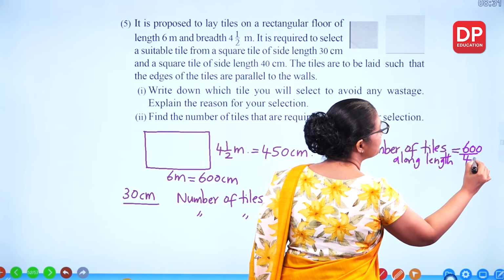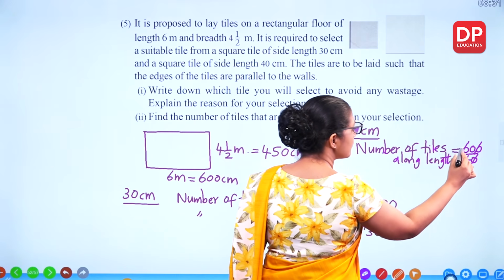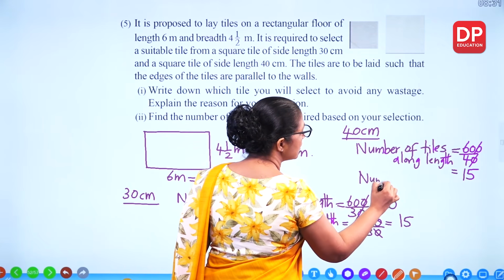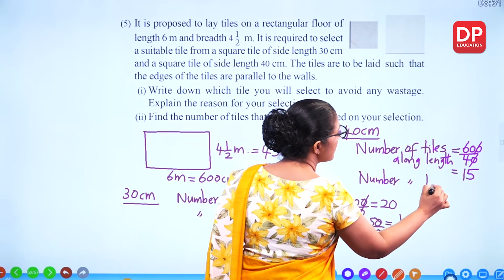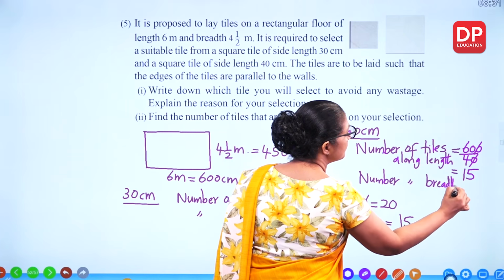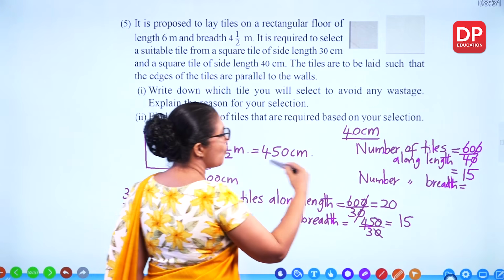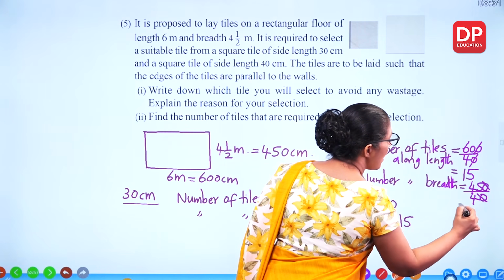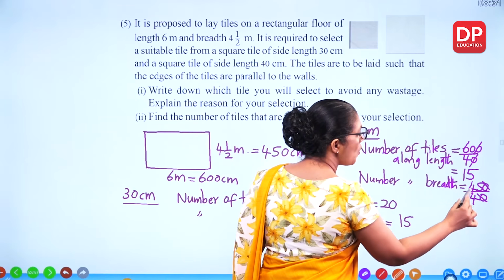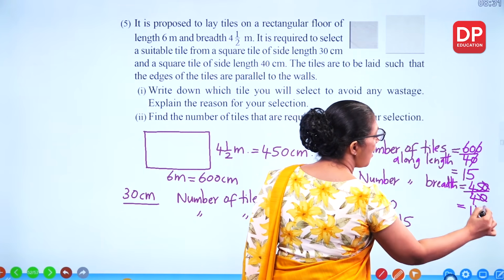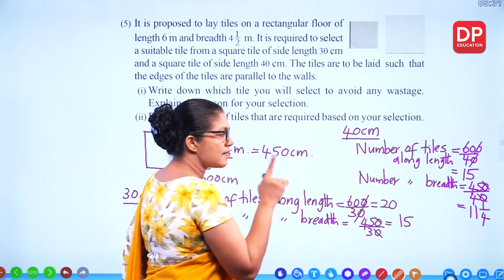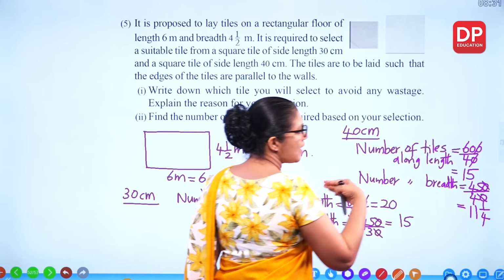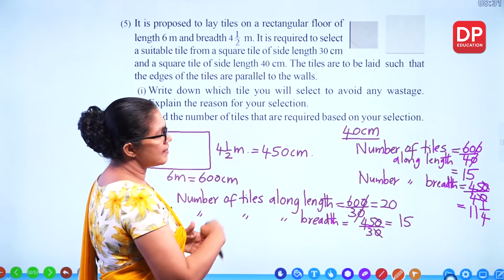Divide by 40. 15 tiles are there. Number of tiles along breadth. Breadth is 450. Divide by 40. Now what happens? 4 times 1, 4 times 1 and 1 remaining. So that means you have to take 12 tiles and 3/4 of a tile just wasted from that side.